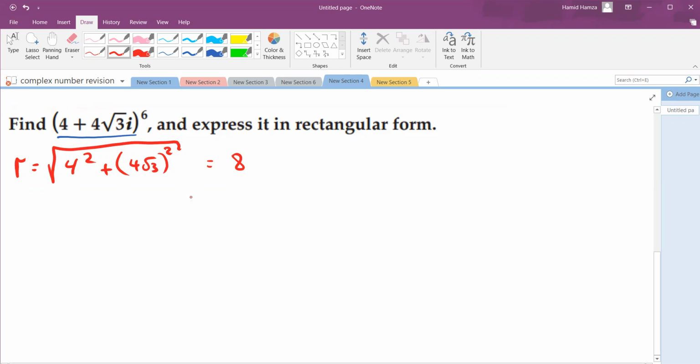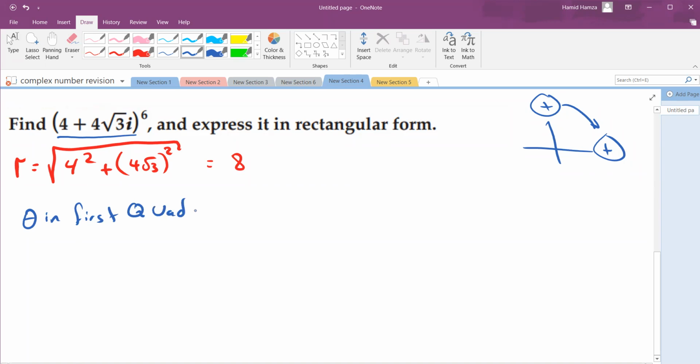Okay, guys. Now we wanted to find the argument, or the angle theta. Before we start, we wanted to find out where theta is located. Because both of them are positive, theta is in the first quadrant. That means it will be the reference angle itself.